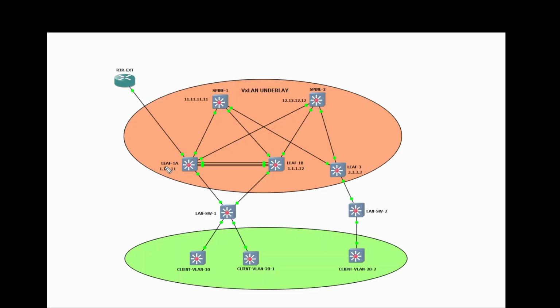So leaf 1A has 1.1.1.11 as the primary IP under loopback 0, and leaf 1B has the IP address of 1.1.1.12 under loopback 0. However, they will have a shared duplicate IP address of 1.1.1.100 secondary under the loopback 0 interface. And this will be configured on both leaf 1A and leaf 1B.